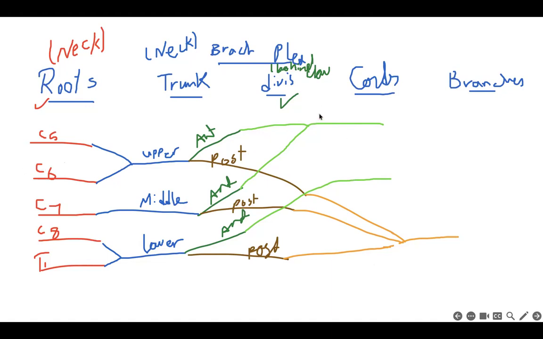What is the name of the cords? The anterior of the upper and the anterior of the middle will form a cord. What is the name of this cord? Lateral cord. So the lateral cord is the union of the anterior of the upper and the anterior of the middle, so the lateral cord originates from C5, C6, and C7.